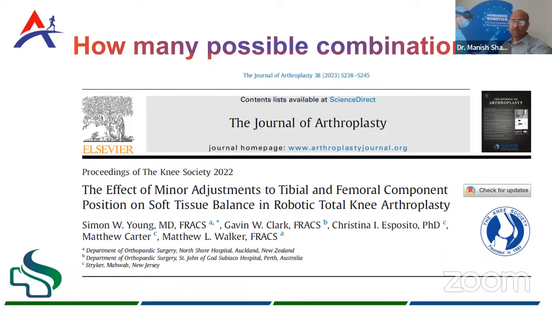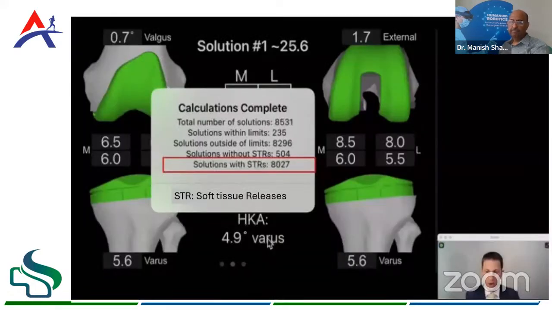Published in Journal of Arthroplasty, 2023. Solutions with soft tissue releases, STR is soft tissue release: 8,027. More than 8,000 possible solutions are present.